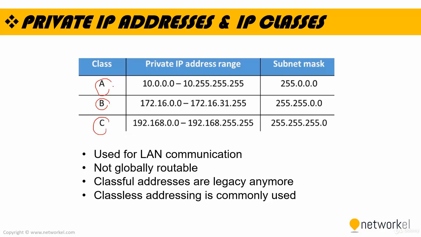For example, if I'm using class A, I can use these IP addresses and I can just use this subnet mask. If I'm using class C, I can use this range with this subnet mask. But this is legacy, and anymore we are using classless addressing. For example, I'm using this private IP address range, but I can use this subnet mask too without any problem.